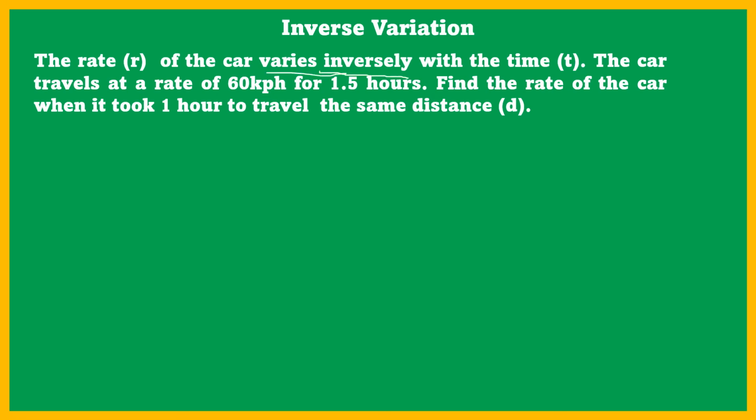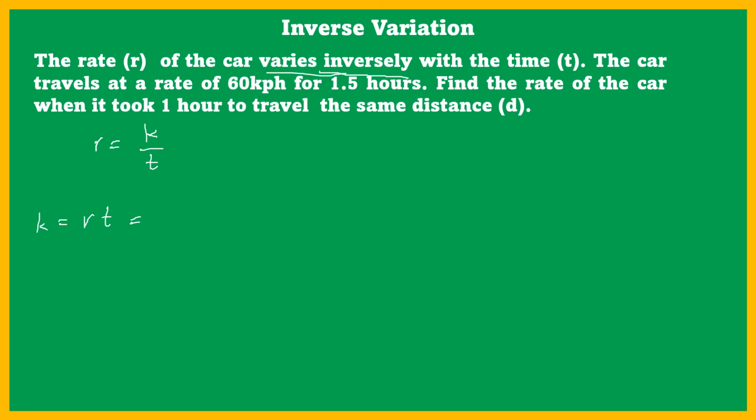Now what we are going to do is to create the standard form of the equation of variation, and in this case that is r is equal to k over t. Okay, so our r is the rate and our t is the time. Now we have the standard form of the equation of variation. Let us determine the constant of variation by multiplying the rate and the time.